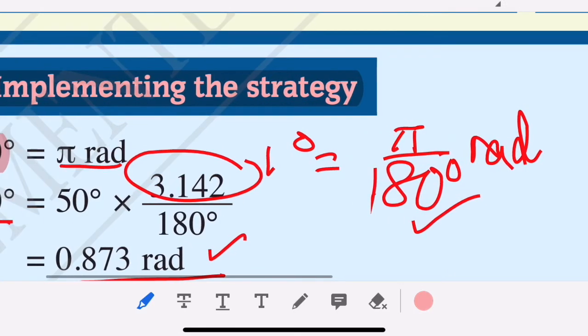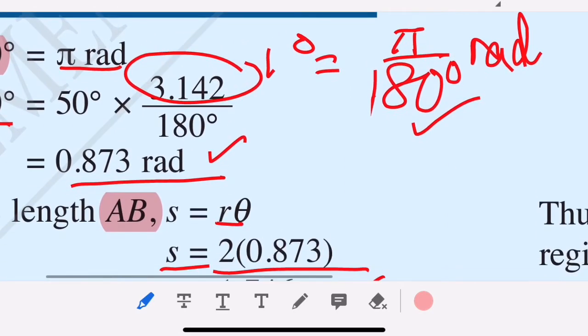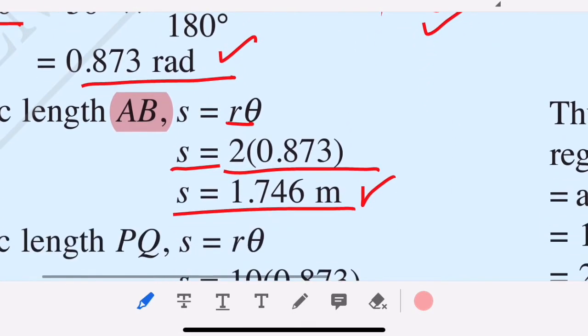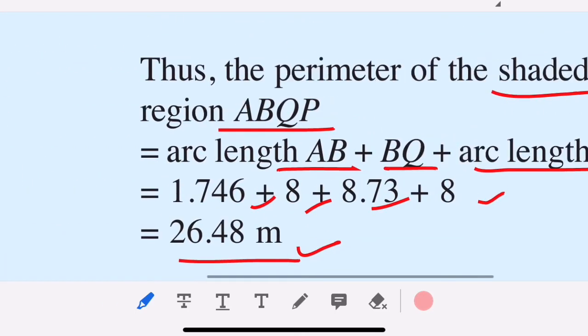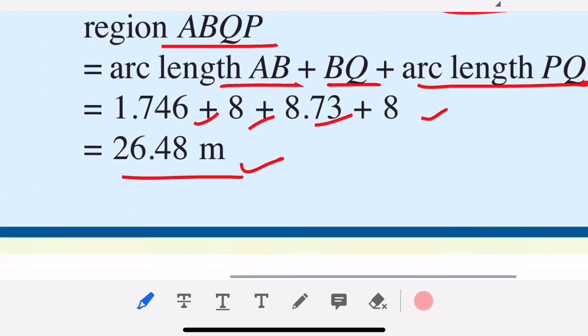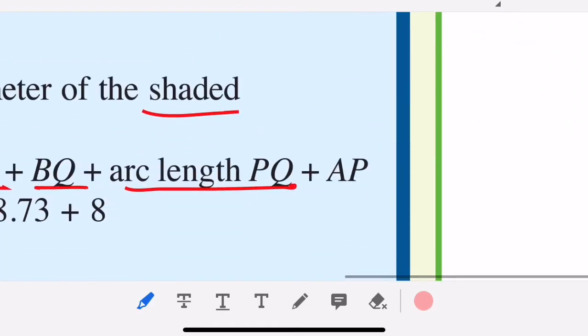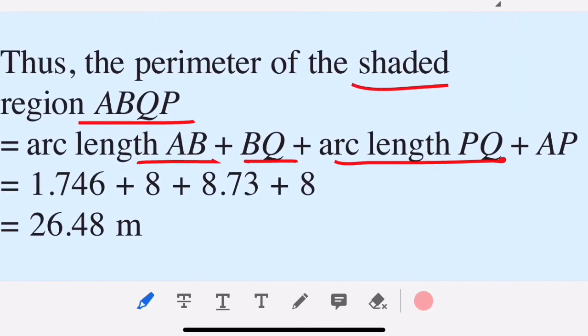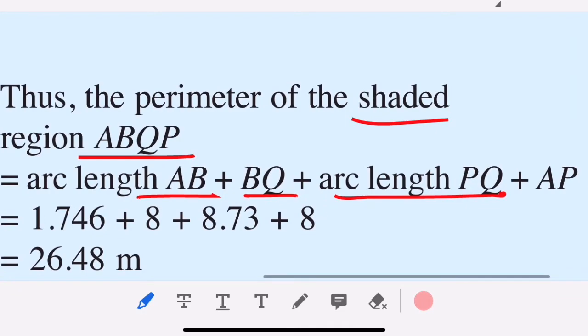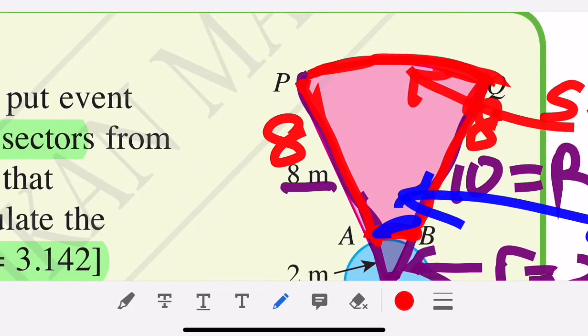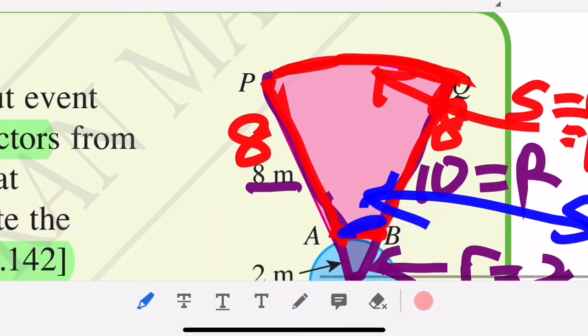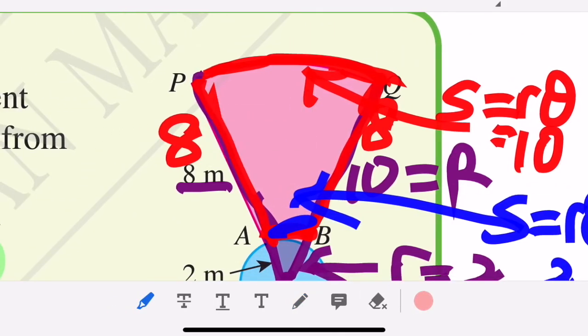So implementing the strategy means that you start to use a formula, and then start to find the perimeter. Okay, settle. So we have the arc length of 8.73 and 1.746 here.